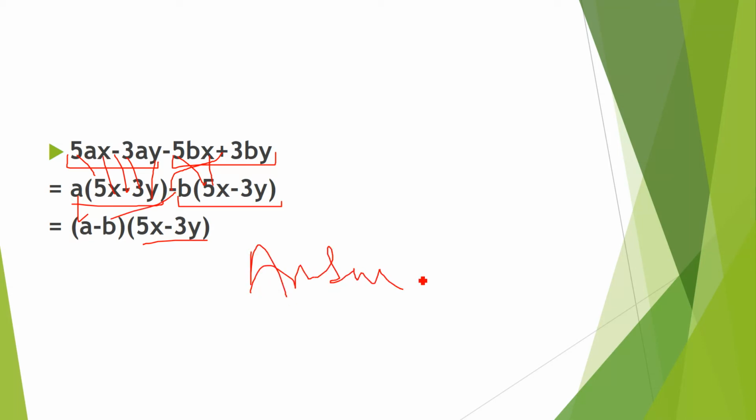But one very important thing in this question is that these two parentheses which we are taking as a common should be exactly same with the same sign. 5x minus 3y, 5x minus 3y. If it would be 5x plus 3y, it means you have done some mistake in the operations or in signs. So be careful. Both the parentheses should be exactly same with the same sign as well.